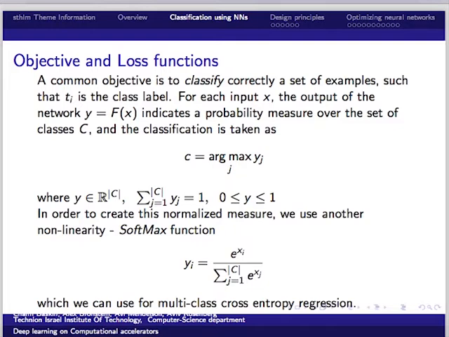So this is our softmax definition. It takes over all samples and normalizes it. It measures the probability of our sample to be one of the classes, by normalizing over all probabilities, and it's actually the common and standard way to do multi-class cross entropy regression.